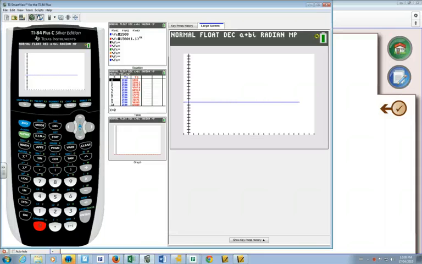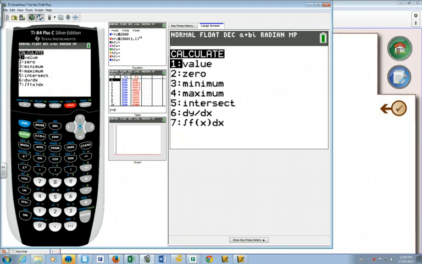So there's my straight line at 2,500, and there's my exponential growth. Will they intersect? Yes. This is the fastest graphing calculator that exists. So then I can go second, calculate, where do those intersect?